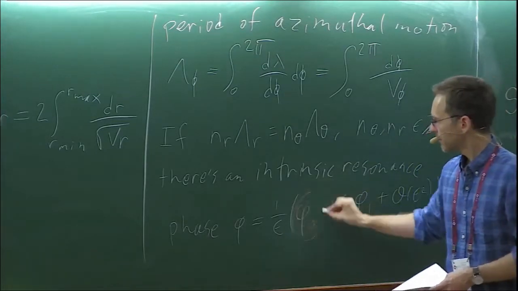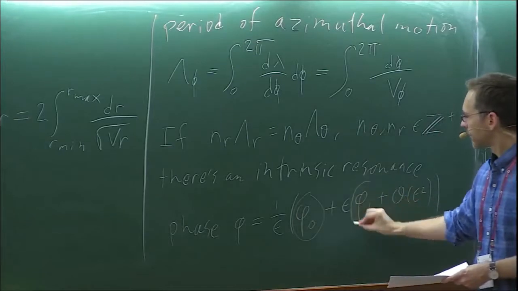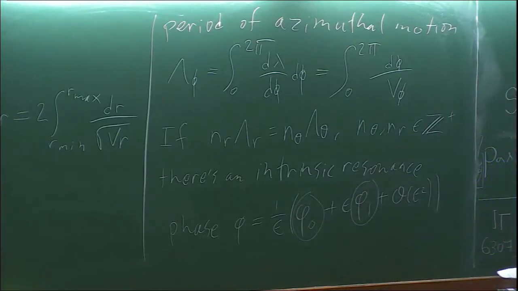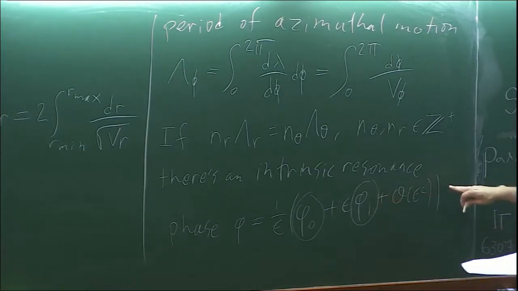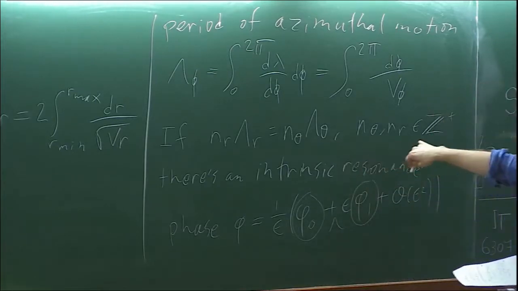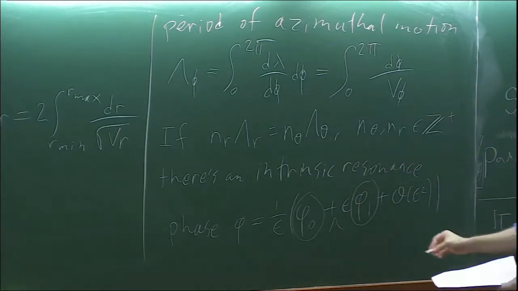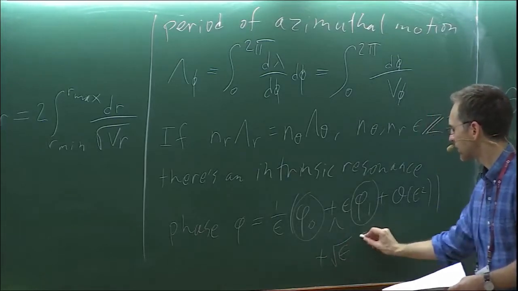Then for this piece, it turns out all you need is a certain bit of the first order dissipative force. For this piece, it turns out you need the full first order force and a certain dissipative piece of the second order force. But this is all in the absence of resonances. If you pass through one of these intrinsic resonances, you actually get a new term in the middle, square root of epsilon.